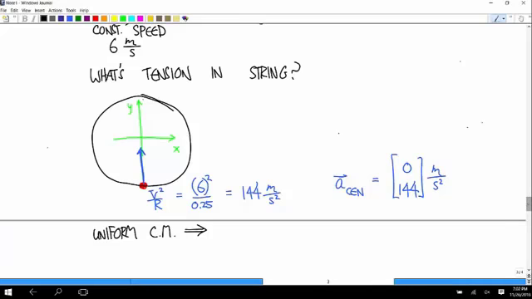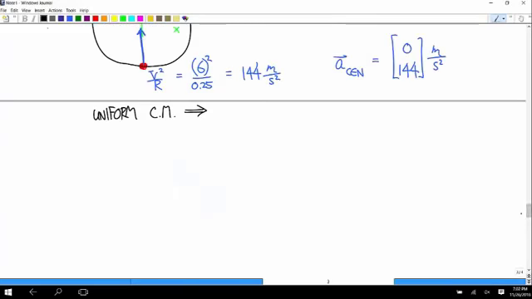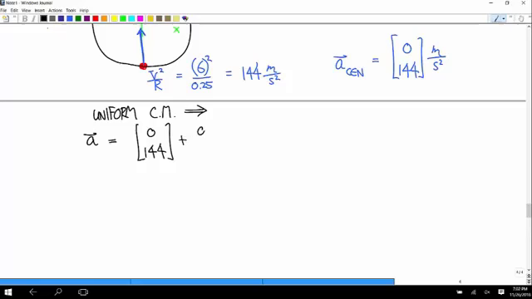And that means that the total acceleration is 0, 144 plus 0. So 0, 144. And now we have the total acceleration.